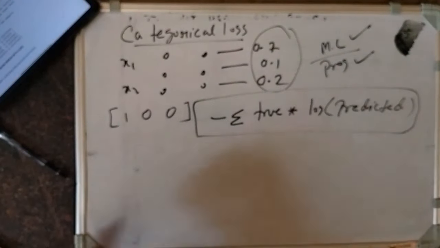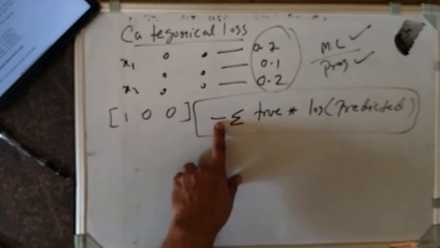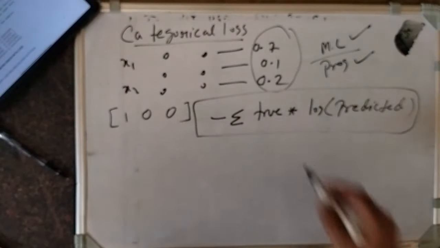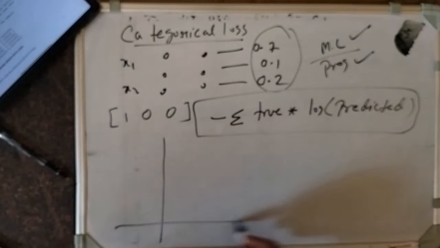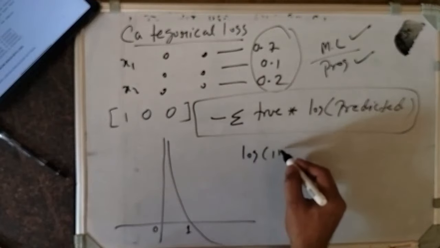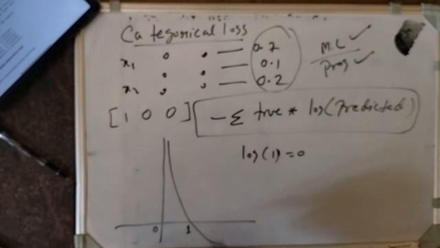The first question: why am I taking minus? Because if you see the graph of log, it is like this. This is 0 and this is 1. At 1, log 1 is equal to 0.